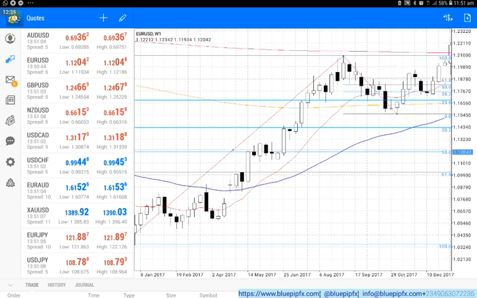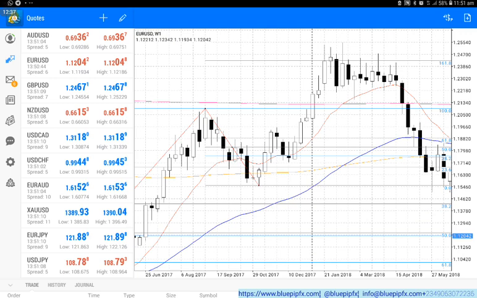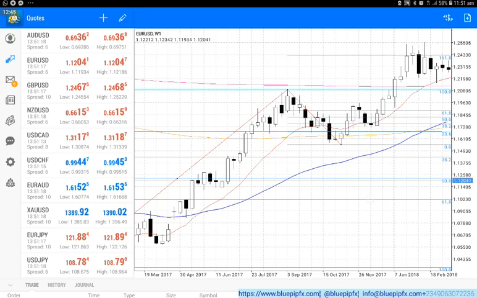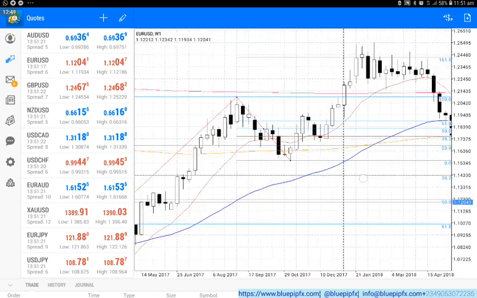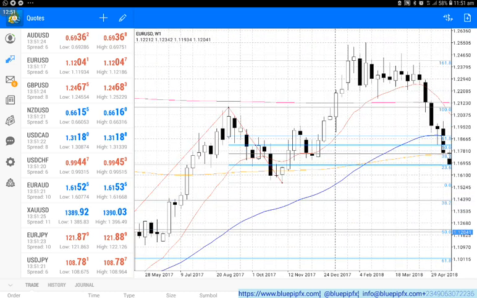So what I'm looking for now is not a retracement anymore. I've seen the retracement already. The retracement has ended and it has started going back up. What I want to find out now is from this zero, how far is it going to go up? So that is what this other Fibonacci that I just drew is going to show me.